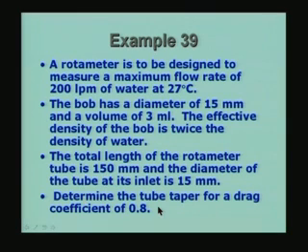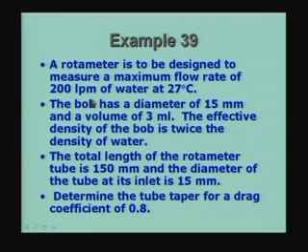So, this example 39, I will work out on the board the numbers corresponding to this. A rotameter is to be designed for the particular conditions which are given here, to measure a maximum flow rate of 200 liters per minute of water at 27 degrees Celsius.